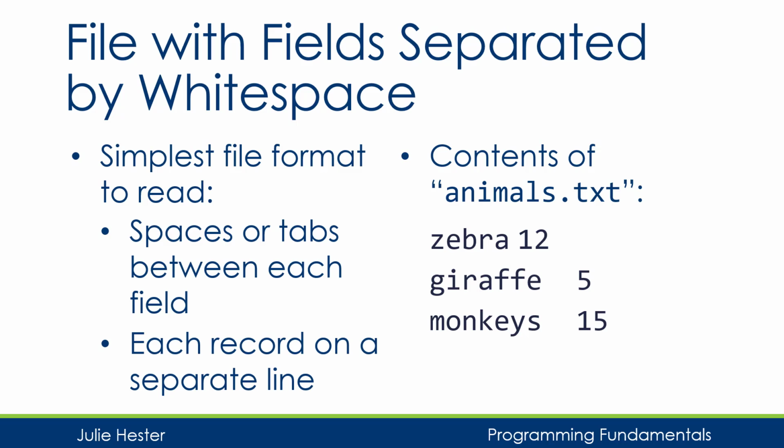It has 3 records. It begins with the name of an animal, a string variable, followed by an integer. And tabs are separating the 2 fields. So for the examples that I'll be working with in this video, I will use this file.